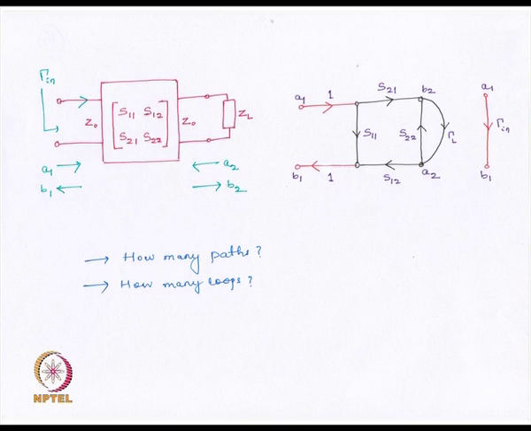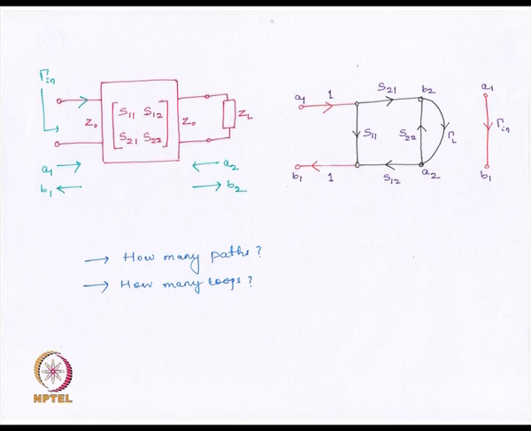Then how many paths are there in total between A1 and B1, and how many loops are there in this signal flow graph? First we note that this is a path, starting from A1 and going like this. Another path between A1 and B1 is like this: we start from A1, go straight and go along gamma L and come back along S12, finally reaching B1.